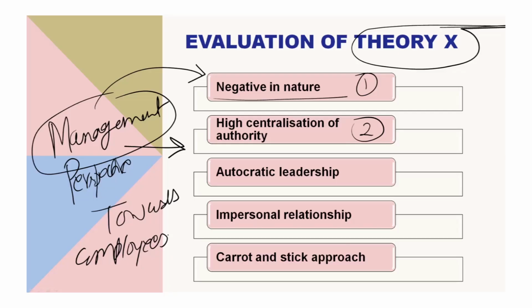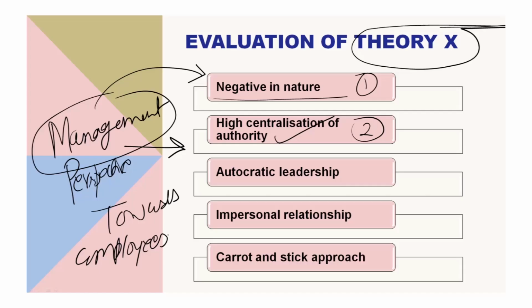Decentralization is just the opposite. Because of the lack of trust in subordinates or lower-level management, management will not give authority or share any power with the employees. So this is the second evaluation of Theory X.